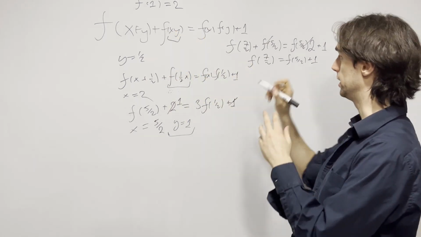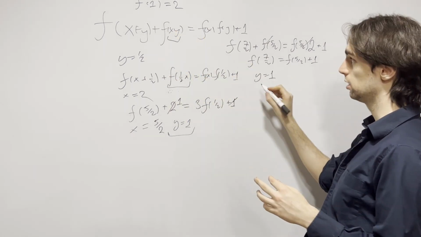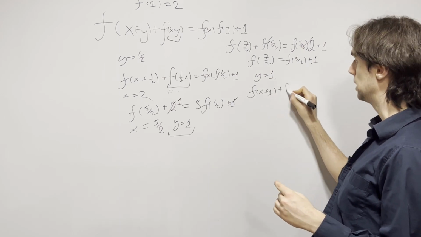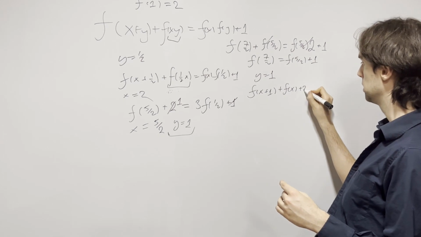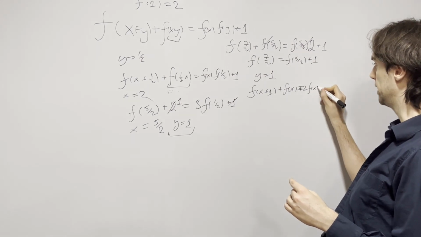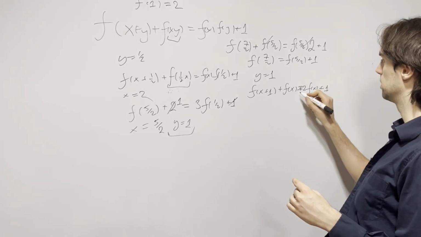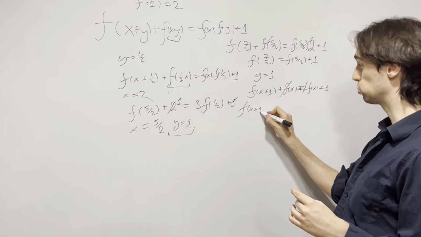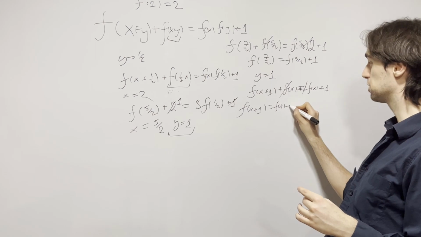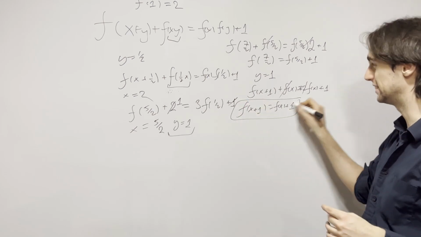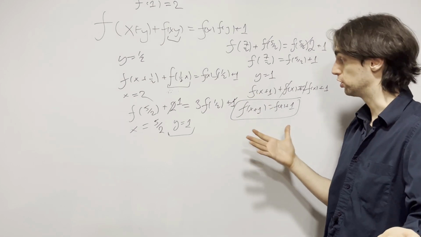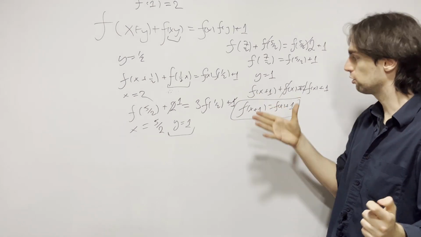When I plug in y is equal to 1, I have f of x plus 1 plus f of x is equal to 2 f of x plus 1. The 2's and the f of x cancel out, and we have f of x plus 1 is f of x plus 1 for every rational x. We just looked at it on the integers, but it's actually true for rational numbers as well.